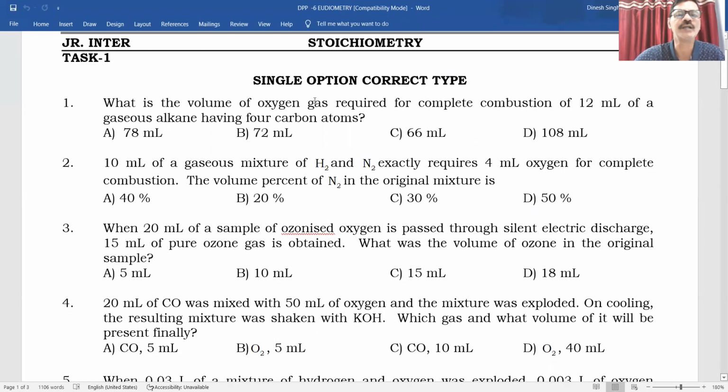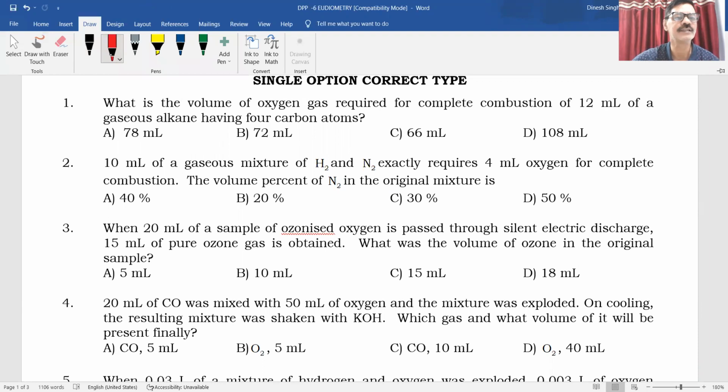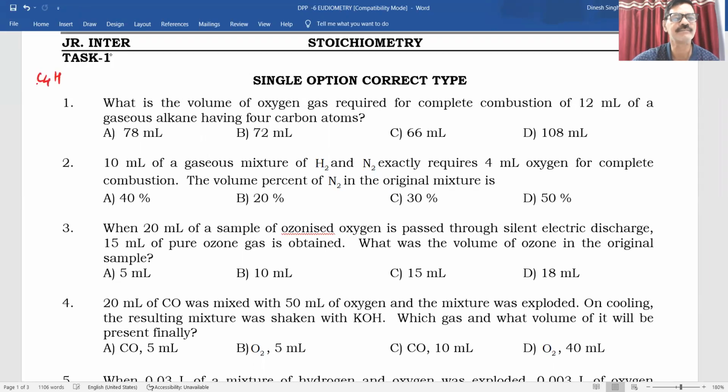So what is the volume of oxygen gas required for complete combustion of 12 ml of gaseous alkane? The gaseous alkane has 4 carbon atoms, so it will be C4H10. On reaction with O2 it will form 4CO2 plus 5H2O.